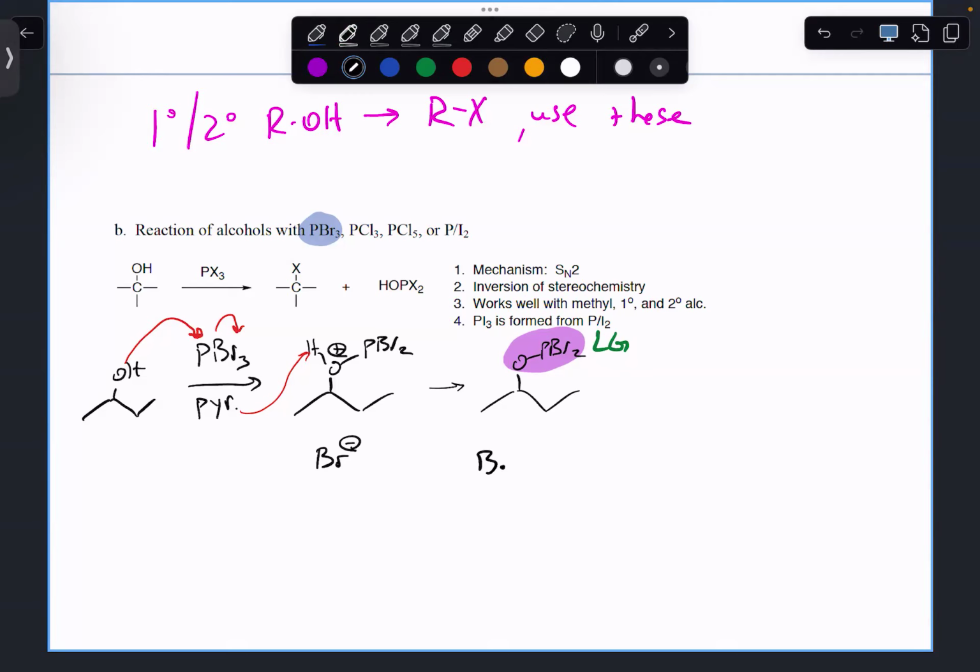That bromide that we kicked out is going to come in and attack and kick that leaving group out, resulting in the halogenation.